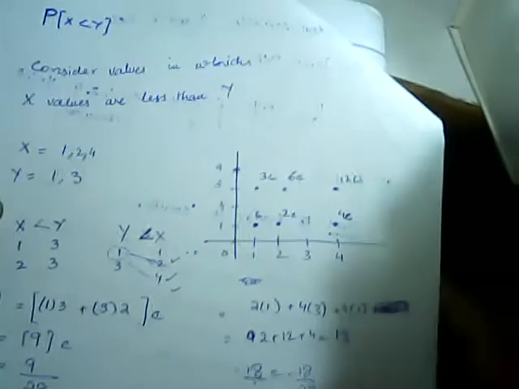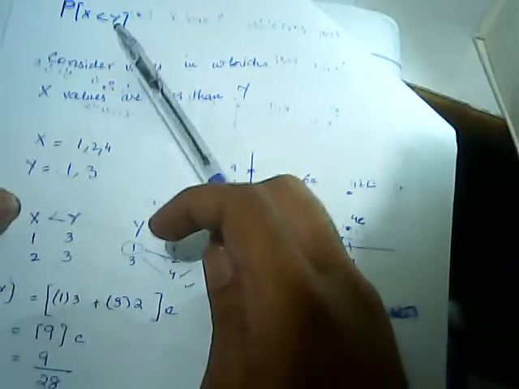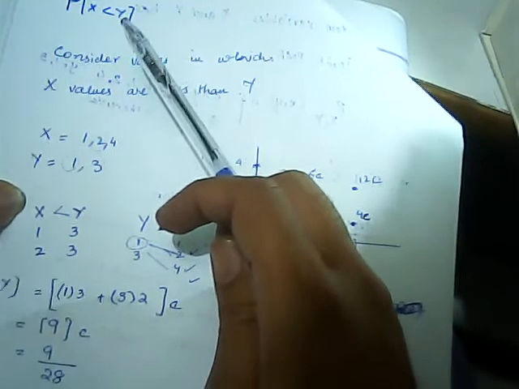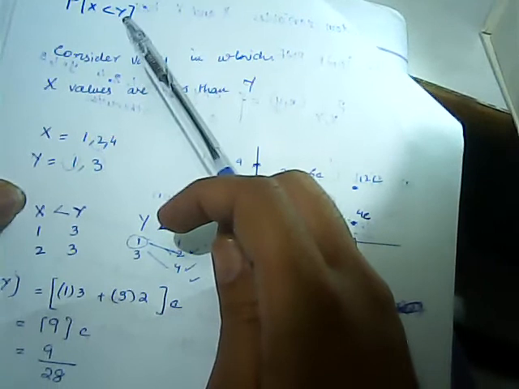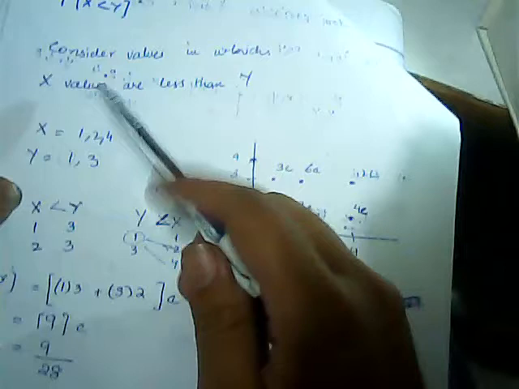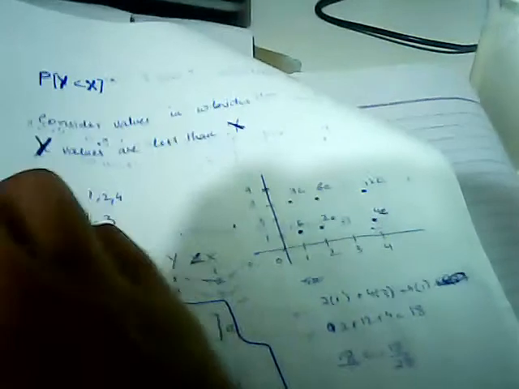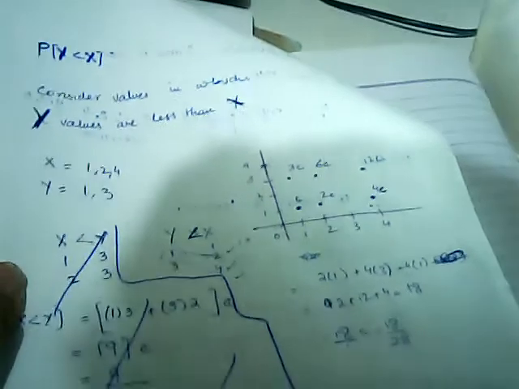Now looking at the next case, we have the question P of x is less than y. Now we have to consider the values of x which are less than y. Sorry friends, we have changed the scenario a bit.